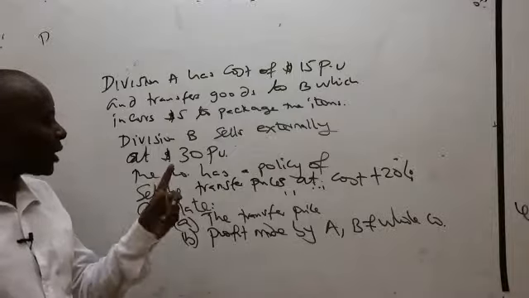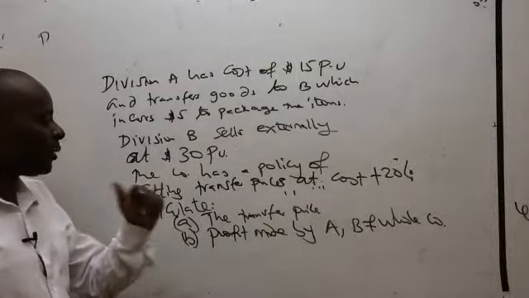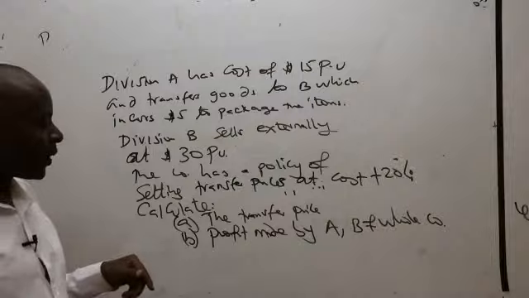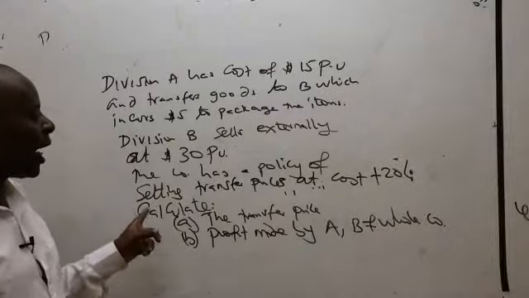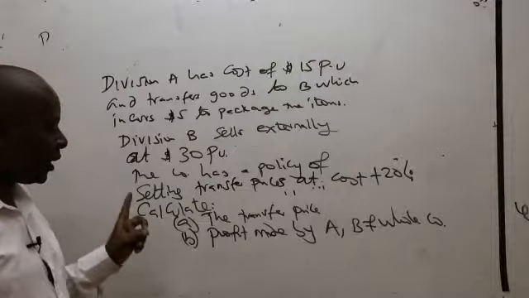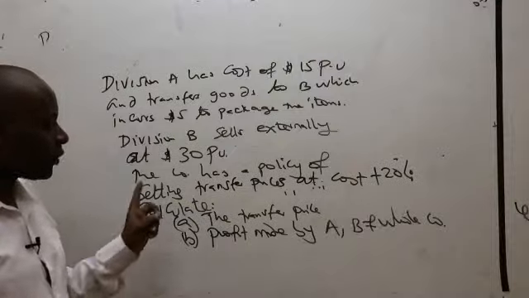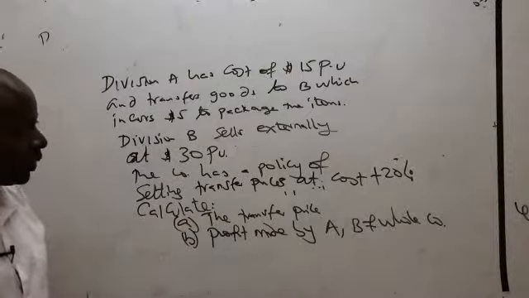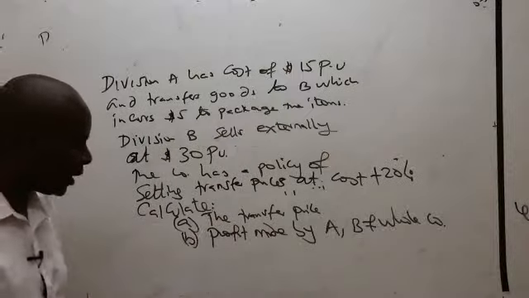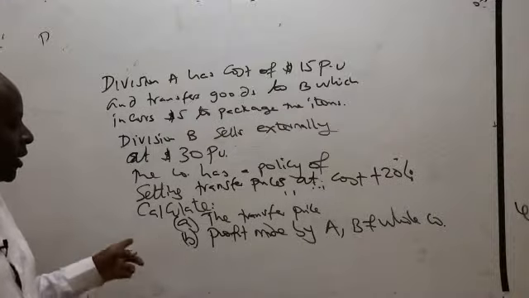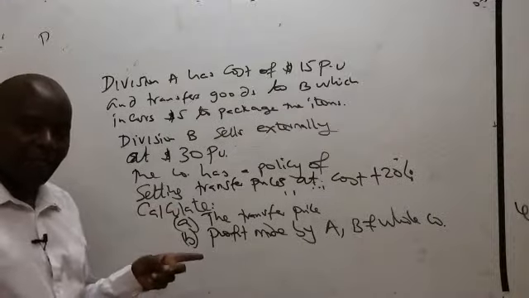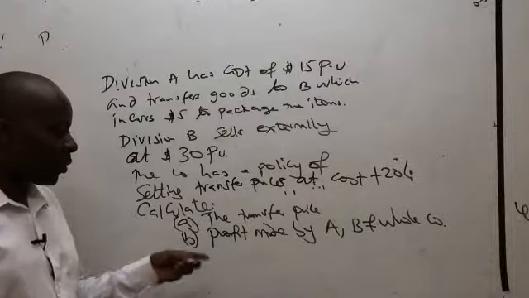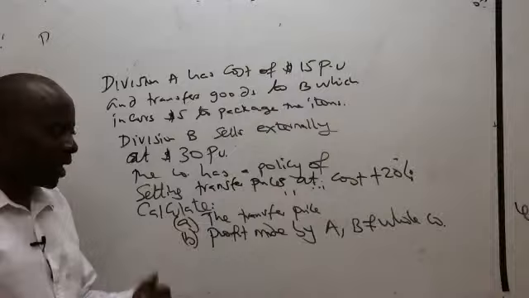Division B sells externally at $30 per unit. And then we are told that the company has a policy of setting transfer prices at cost plus 20%. So calculate A, the transfer price, and B, the profit made by A, B, and the whole company.